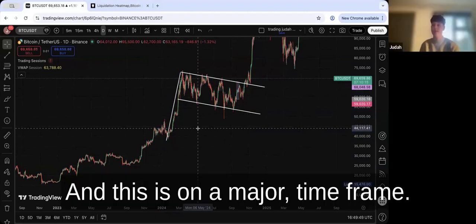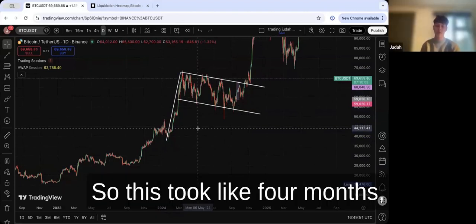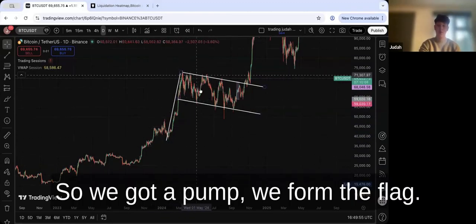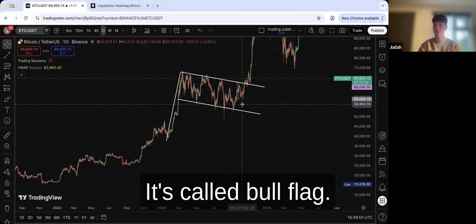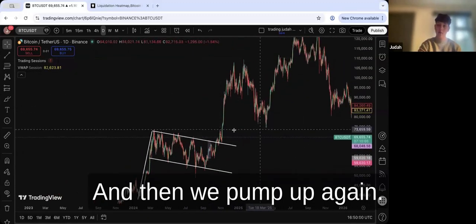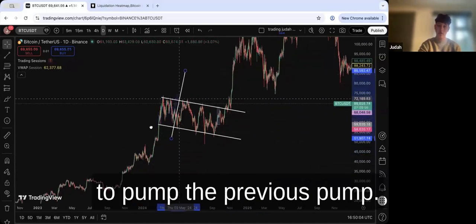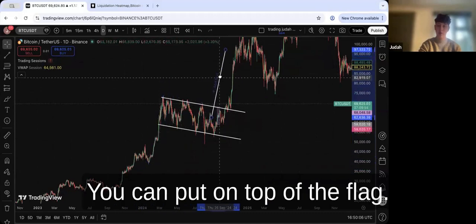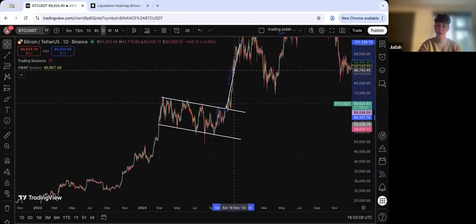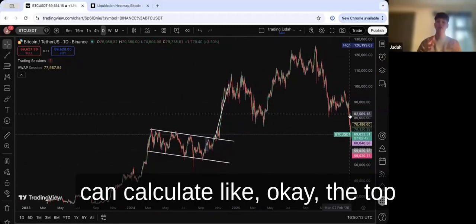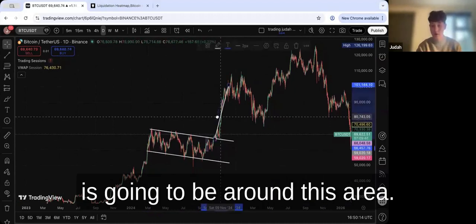This is on a major time frame, so this took about 4 months, but it still plays out. We got a pump, we formed the flag, it's called a bull flag, and then we pump up again. You can put the previous pump on top of the flag to see what the top is, and calculate that the top is going to be around this area.